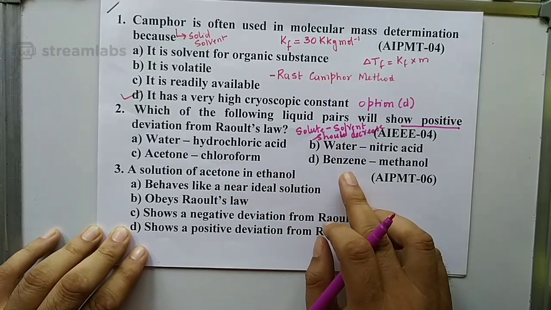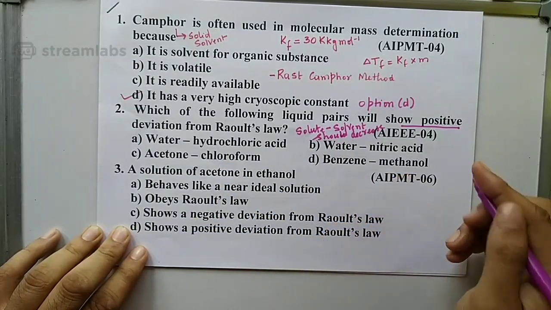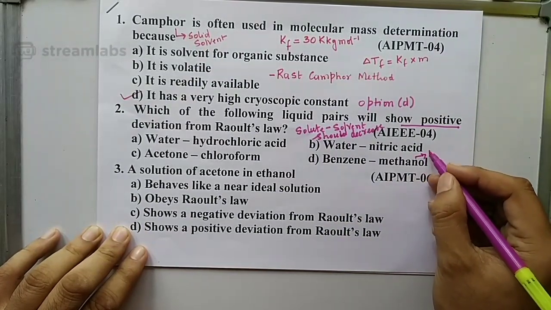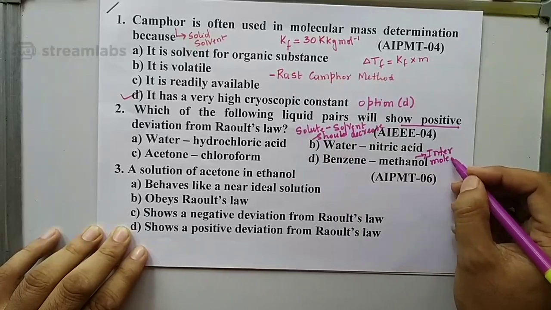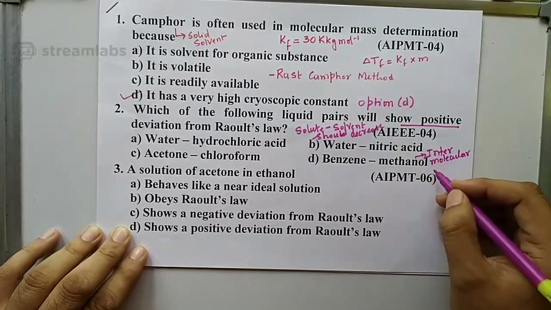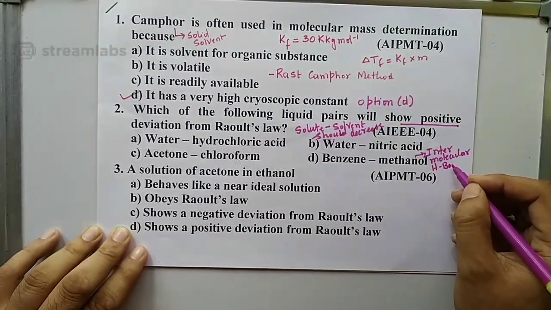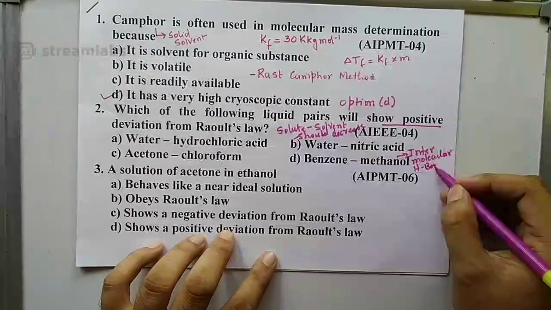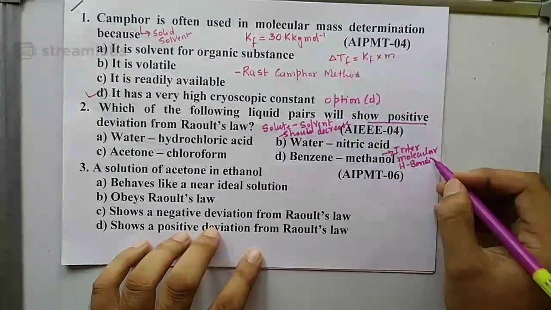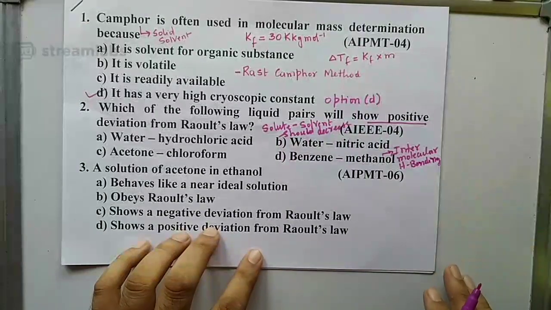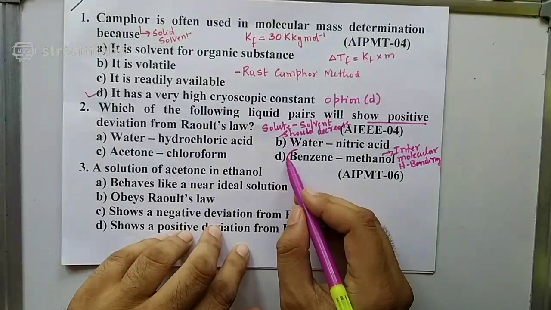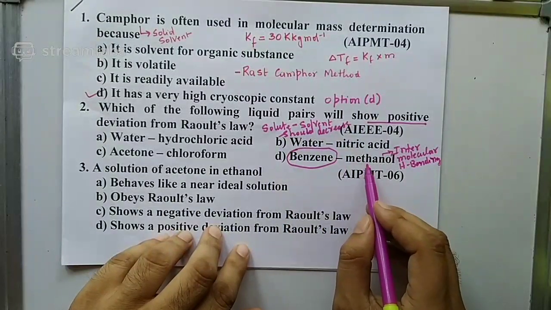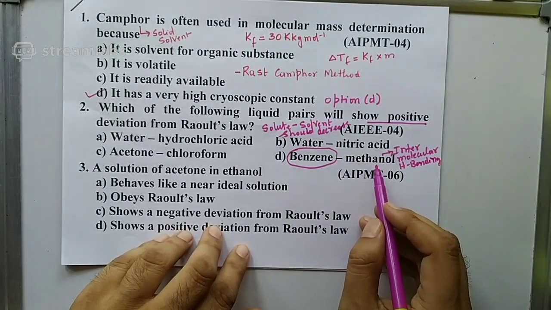But when you add benzene to methanol, in methanol there would be intermolecular hydrogen bonding. When you add benzene, this benzene would incorporate between methanol molecules, breaking the hydrogen bonding.